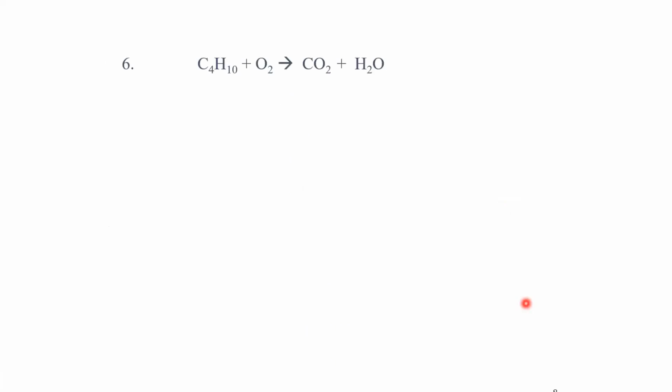All right, let's try this one. Okay, this is called the hydrocarbon. It's butane reacting with oxygen. We're producing carbon dioxide and water. Okay, so I'll give you a minute or so, see if you can balance it. So start with your carbons, see how many carbons are on the reactant side, how many carbons are on the product side, how are you going to balance it? Then I would do your hydrogen next.